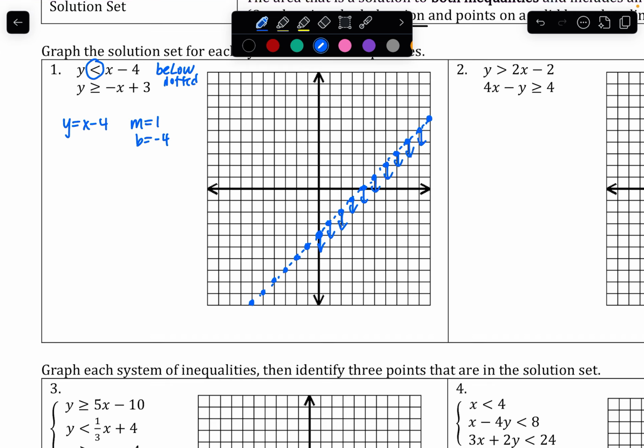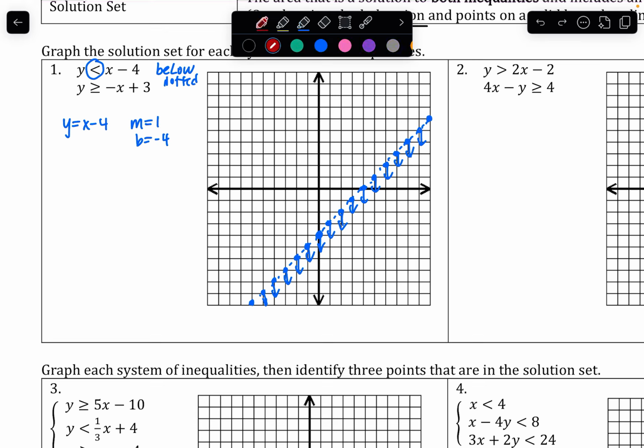Okay, and so you don't want to exactly shade just yet because we're going to put another inequality on here, but you can kind of picture where your solution set's going to be. We're going to have to stay below this line. And so you can shade it now, but shade it kind of lightly so that you can still see what your solution region is.